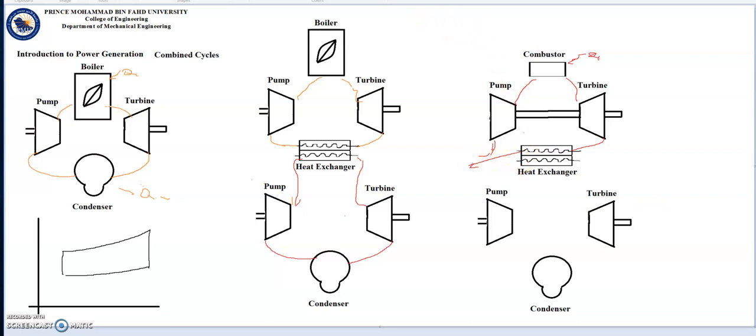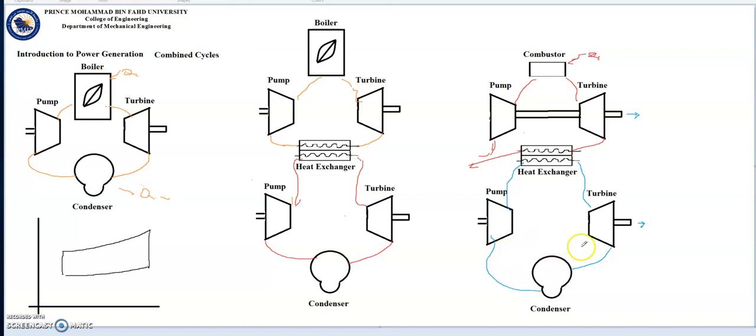And on the other side of the heat exchanger, we add a water cycle, any Rankine cycle, which takes the heat from the heat exchanger to turn a turbine and then condense the liquid and then use it again in the pump. So now we get more work. We get the work from the Rankine cycle and the work from the gas turbine.